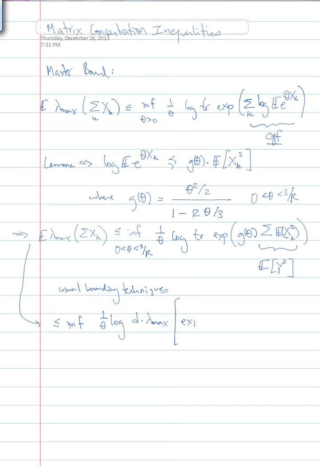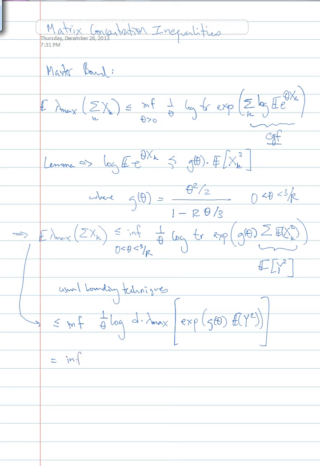What's inside is exp of g of theta times the expected value of Y squared. Now I can exchange lambda max and exp. Again, if you're unsure of that, make sure you understand that properly. It comes just from the definition of what the exp function is.